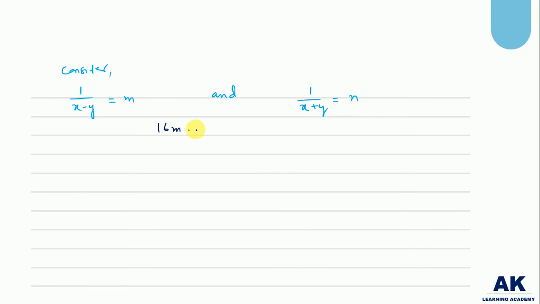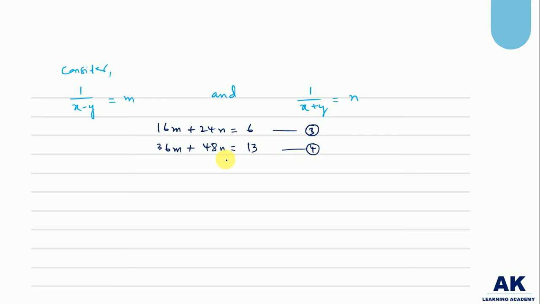With this I can write 16m plus 24n is equal to 6. This is the first condition. In the same way, 36m plus 48n is equal to 13. Let's call this equation number 3, and this is equation number 4.